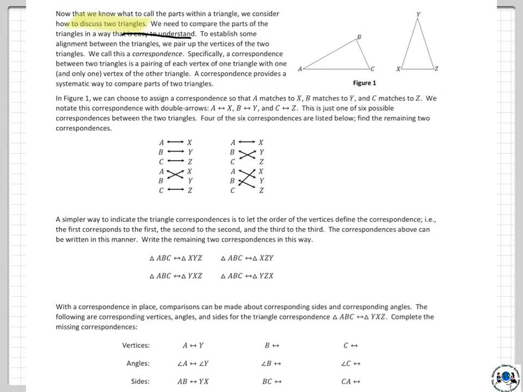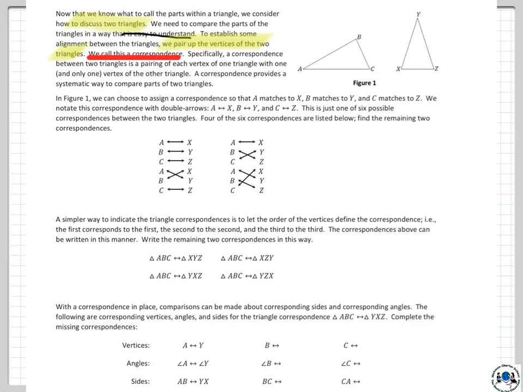Okay? We pair up the vertices of the two triangles. We call this a correspondence. So here's that word, correspondence. This is the correspondence. Okay, when we pair up these vertices, we'll see examples are going to help us out.